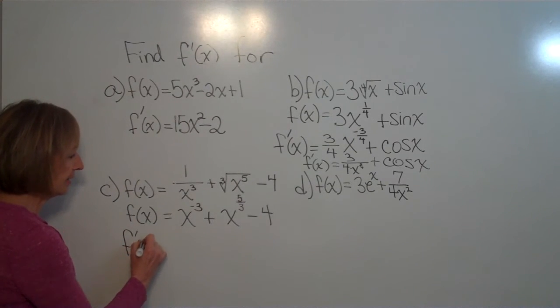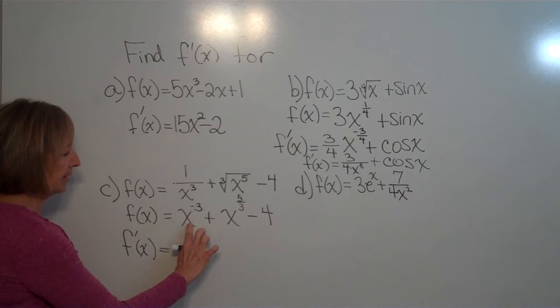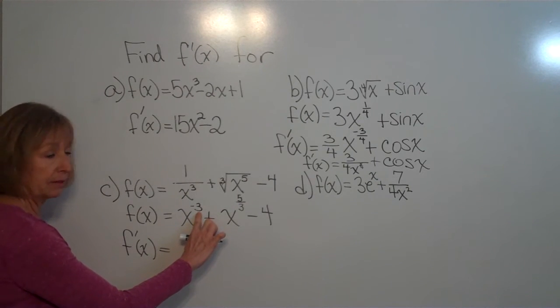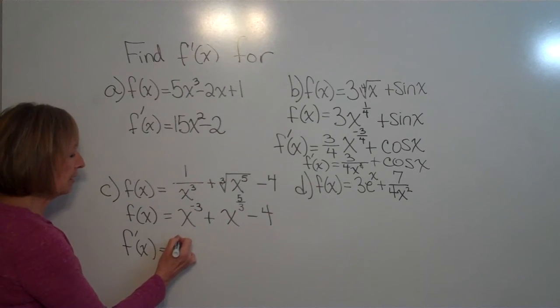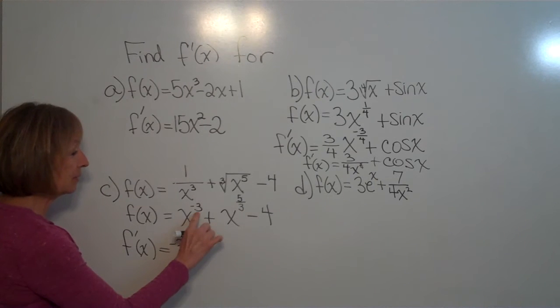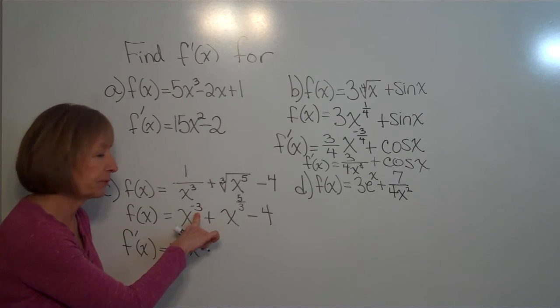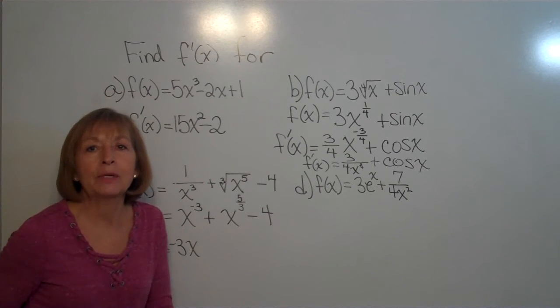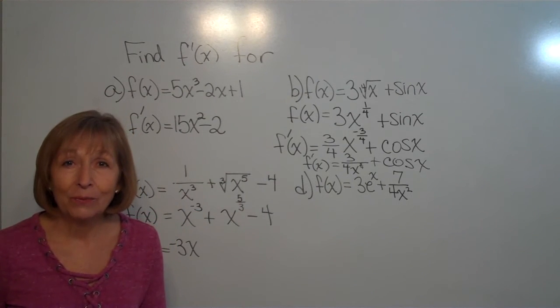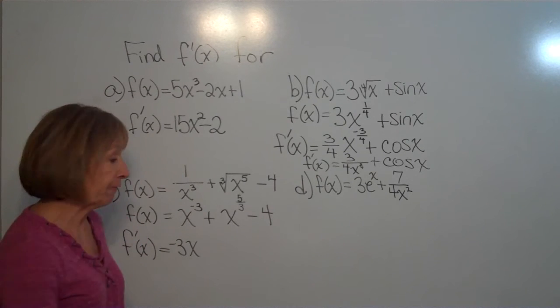F prime of x is letter base to rational exponent, bring down the exponent, keep the base, subtract 1 from it. Be careful, we have mindsets that go haywire sometimes with this. What's negative 3 subtract 1? Well, negative 3 subtract 1 is negative 4.